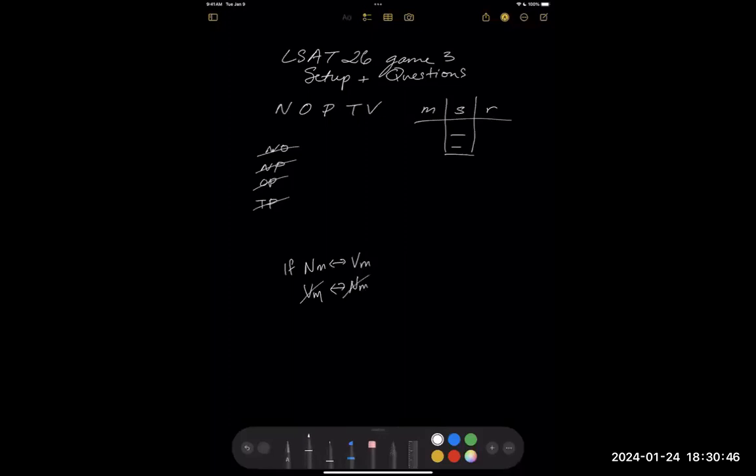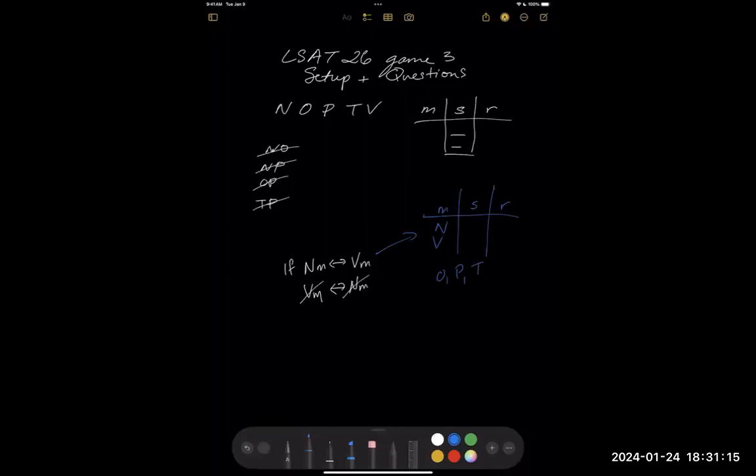If we trigger that, sometimes it's good to just create one world based off of triggering a rule that is quite consequential. We would have movie is both N and V. And then who do we have left over? We have O, P, and T left over.